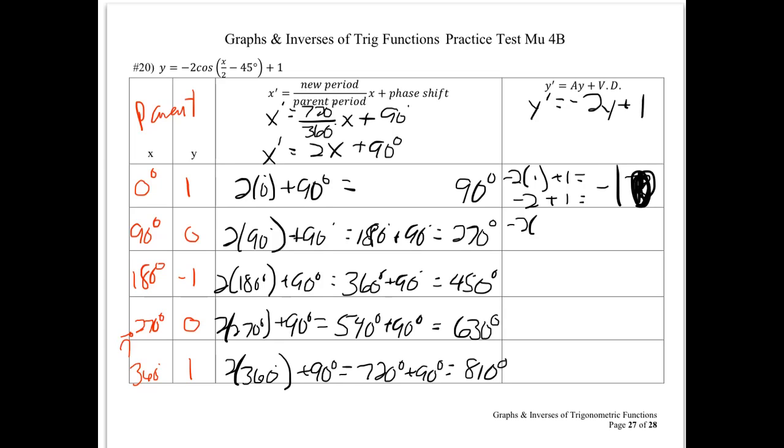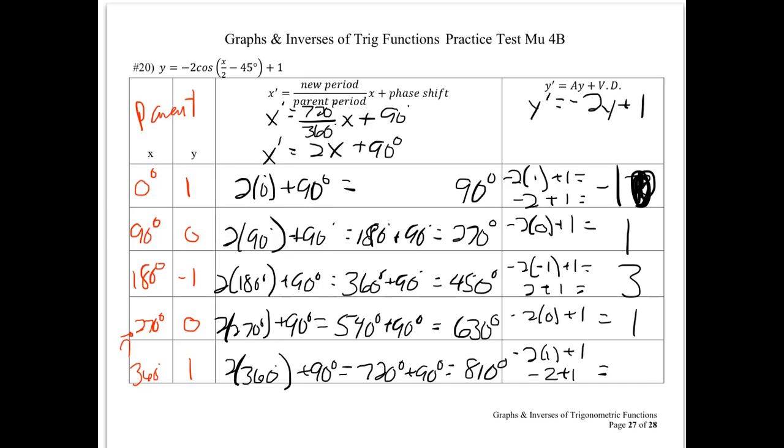Next we have negative 2 times 0 plus 1, which is 1. And we have negative 2 times negative 1 plus 1, which is 2 plus 1, which is 3. Then we have negative 2 times 0 plus 1, which is 1. Then we have negative 2 times 1 plus 1, which is negative 2 plus 1, which is negative 1. Then we graph.